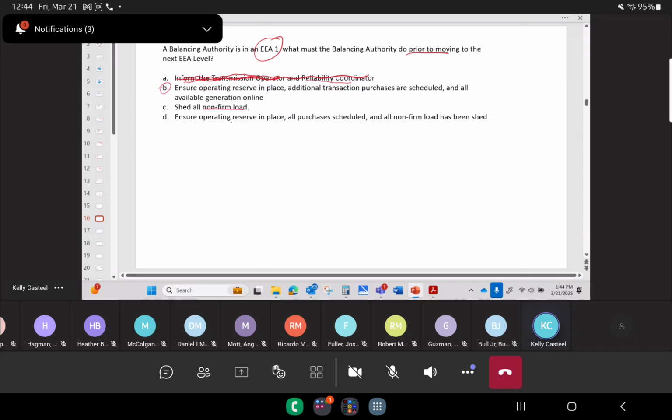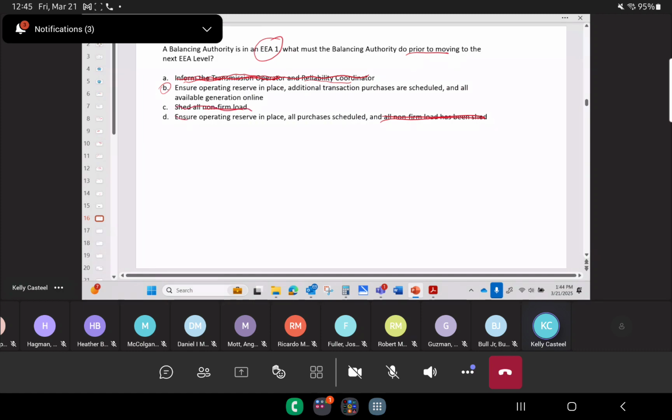Same thing here. Sure, operating reserves are in place, which you would want to make sure that you had. If you didn't have your operating reserves, then you would be going to an EEA level 3. Purchases are scheduled. Yeah, you're going to be trying to buy everything you could, but again, shedding non-firm load, no, that's not something you would do before you went into an EEA2.